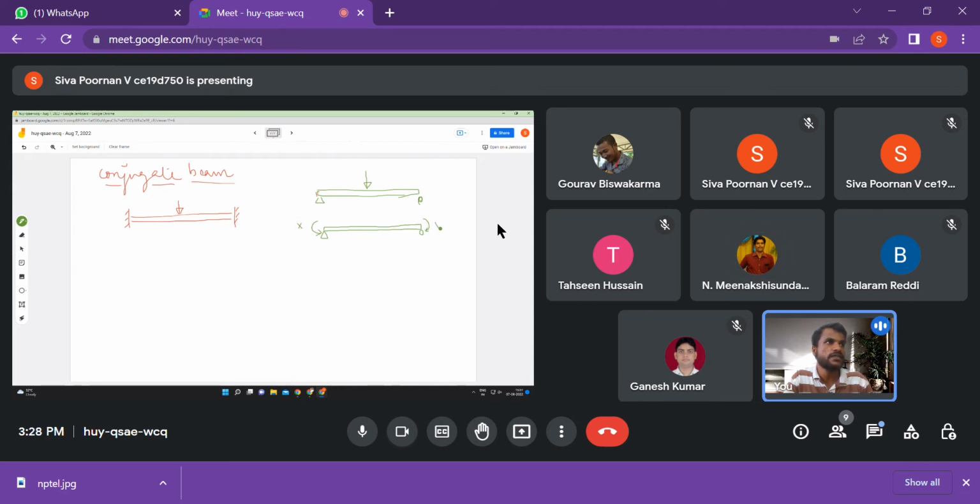Okay, so for these two cases, what are the bending moment profiles that will be there in the structure? The first one we know it's going to be triangular, so I'll just draw it here itself.